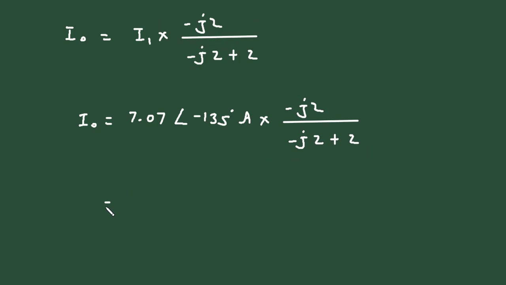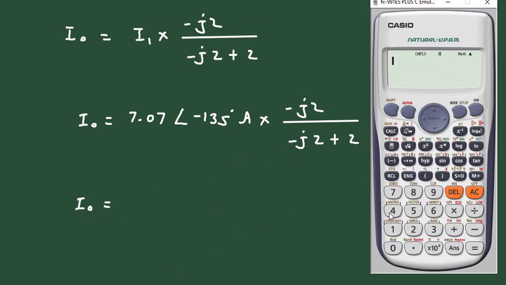So therefore Io is equal to, let's solve this in the calculator: 7.07 at an angle minus 135 into minus J into 2 divided by minus J into 2 plus 2.